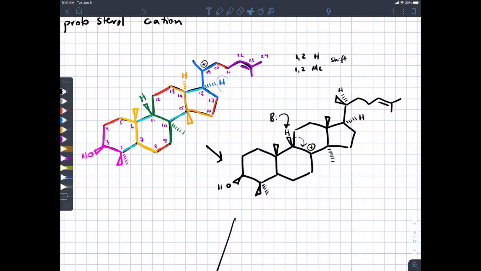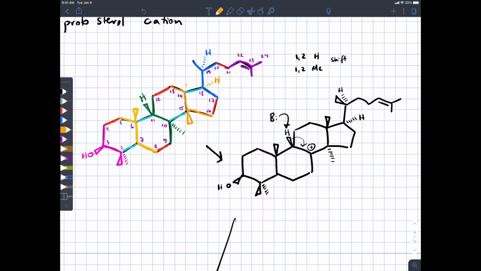See if we can show that process happening. Leans over, you get the bridged carbonium, either transition state or intermediate, and then it ends up on the other carbon, which leaves a positive charge on carbon 18. And then the orange proton does the same thing. It leans over, bridged carbonium intermediate, and you make a new bond with 18.